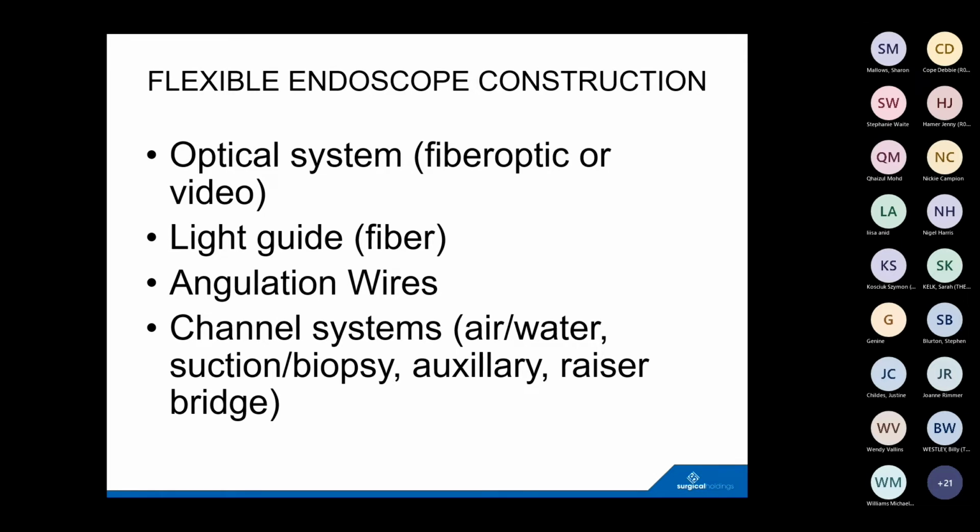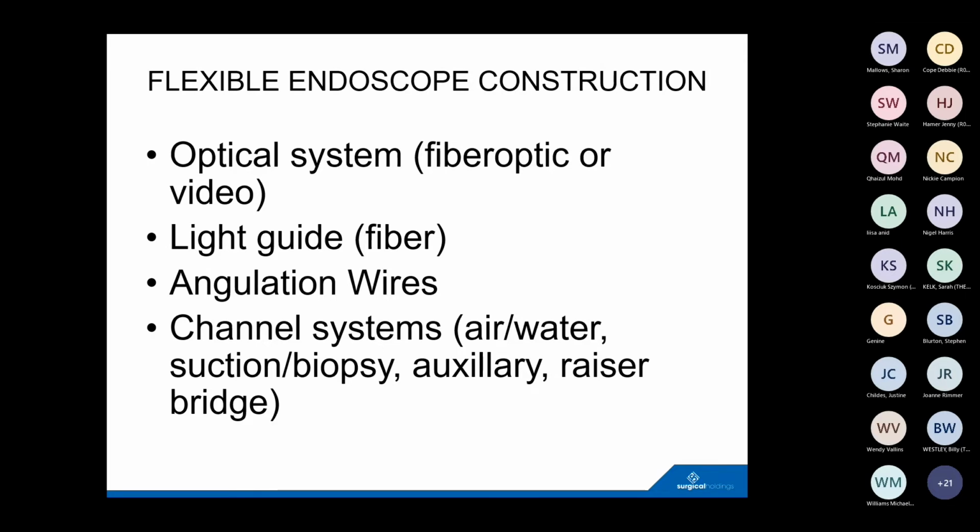Obviously, in most of these areas of interest there's no natural light around, so you need to take light down there, and that's using a fiber optic bundle. And then you also want to move the distal tip around, and there's either 4-way or 2-way angulation.